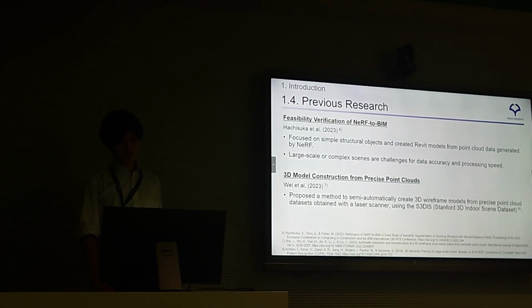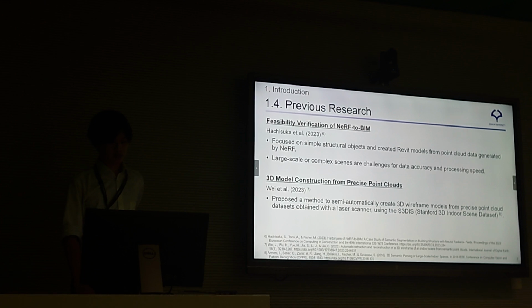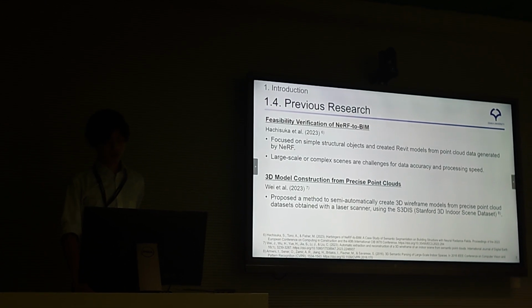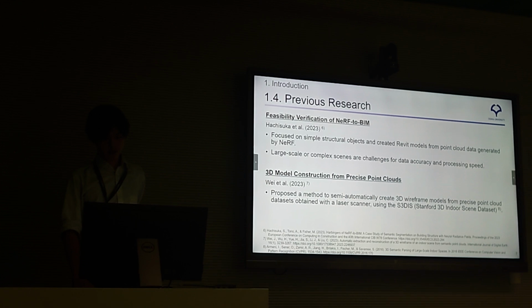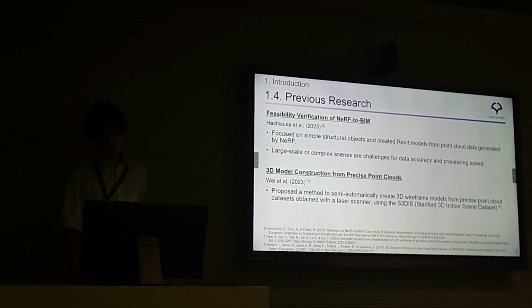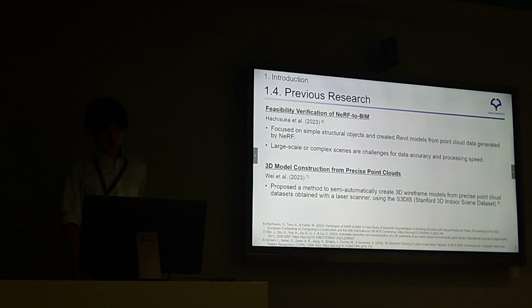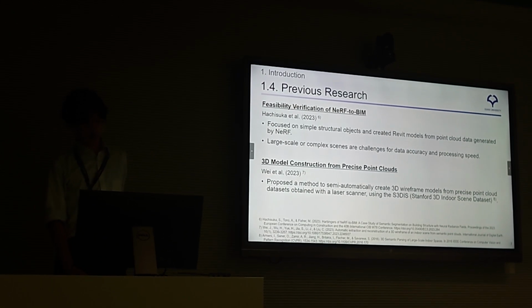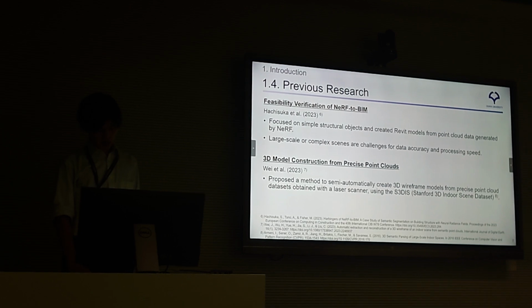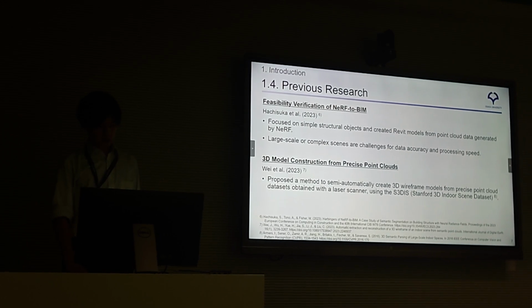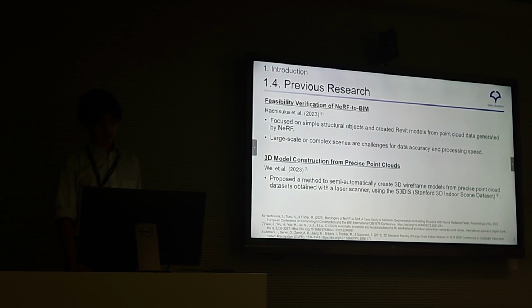Therefore, we considered whether 3D Gaussian splatting, which achieves similar quality to NeRF but with faster processing, could be a viable alternative. Additionally, Wei et al. proposed a method for semi-automatically creating 3D wireframe models from precise point cloud data obtained from the S3DIS dataset. We wonder if this method could be applied to point clouds generated by 3D Gaussian splatting.